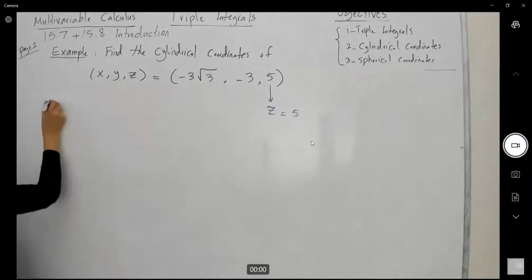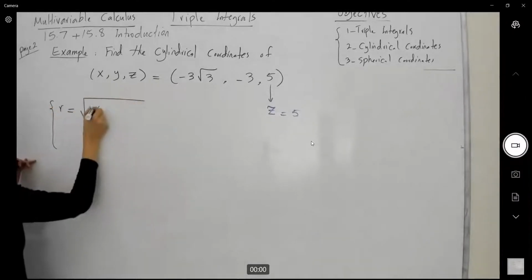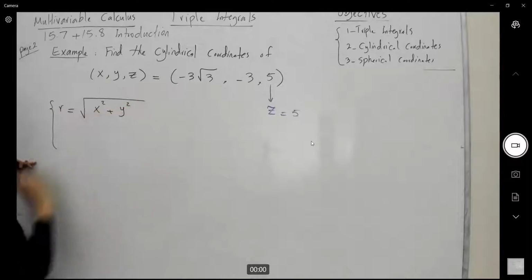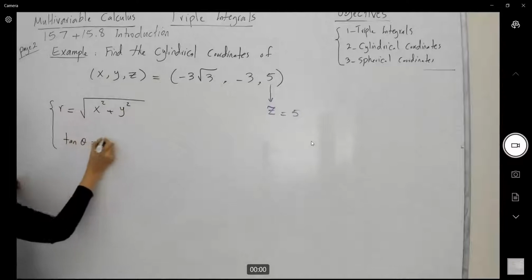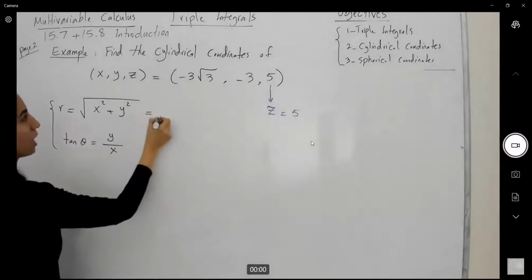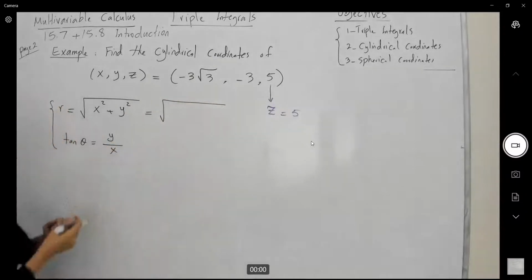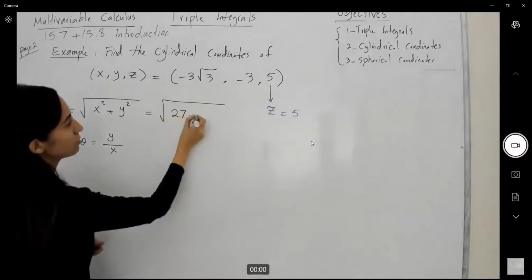We know that r is equal to square root of x squared plus y squared, and also tangent of theta is y divided by x. The first one says here you have square root of, if you square it, you get 9 times 3, 27, plus 9.